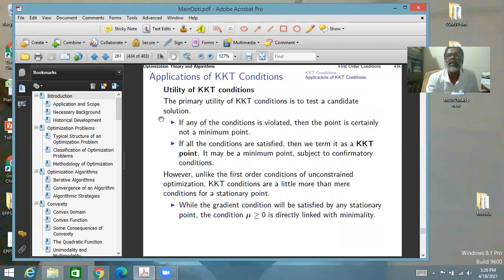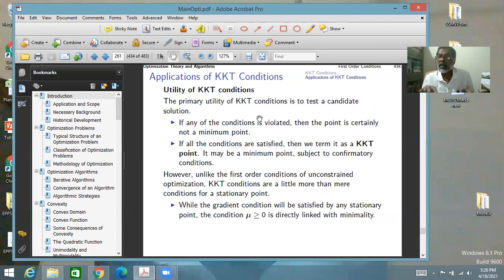Now, what will be the use of these KKT conditions? Utility. The primary utility of KKT conditions is to test a candidate solution. If any of the conditions is violated, then the point is clearly not a minimum point because KKT conditions are necessary.